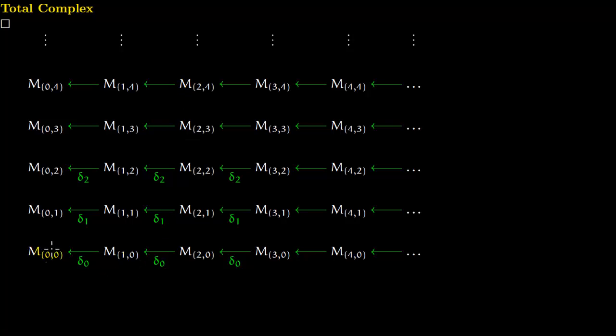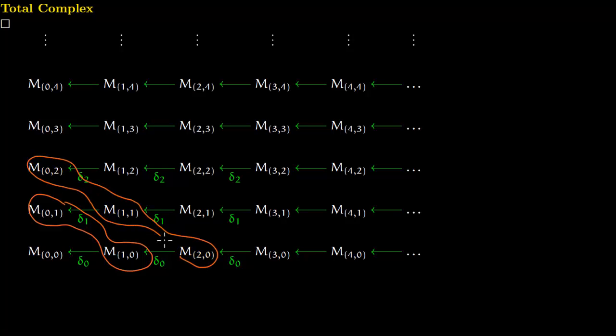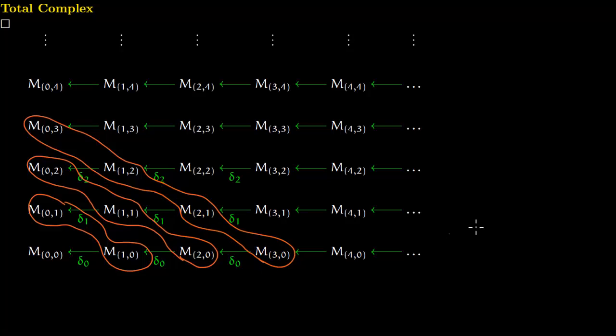This is in grading 0. So this is in our grading 1, C1. This is our second grading. This is our third grading. And so on. So notice that there are no vertical differentials. So most likely there are not going to be any vertical differentials.